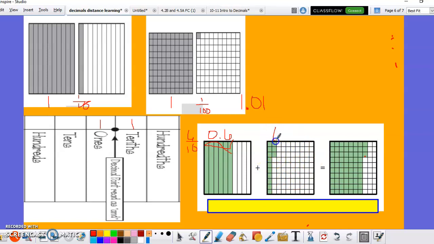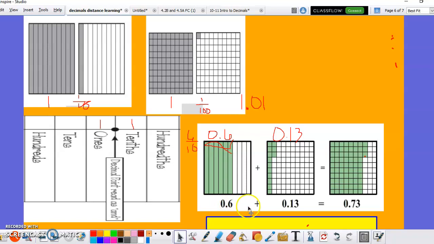So I have 13 hundredths. And if I combine both of those together, because here I have a plus sign, I'm going to move this out to show you already. This is 6 tenths plus 13 hundredths equals 73 hundredths.